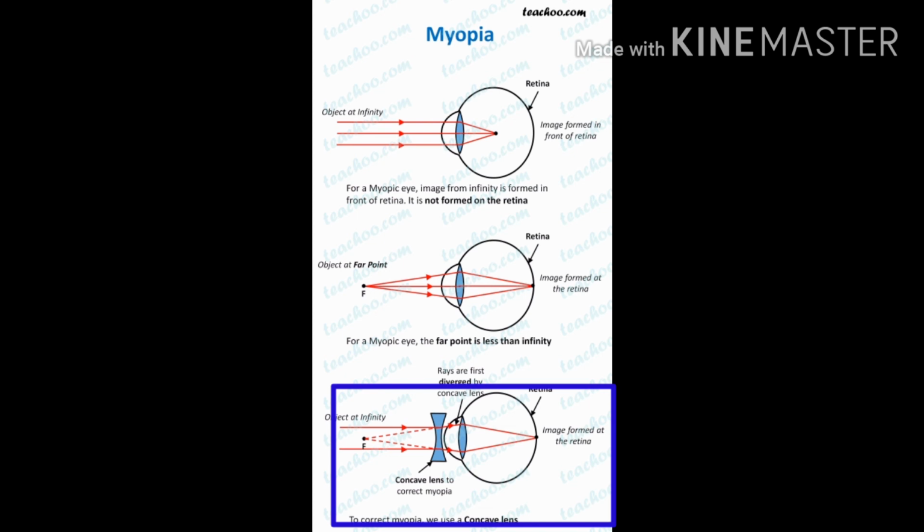The focal length of a concave lens is negative, so a lens with negative power is required for correcting nearsightedness. This lens diverges the incident rays, and these diverged rays can be converged by the lens of the eye to form the image on the retina.